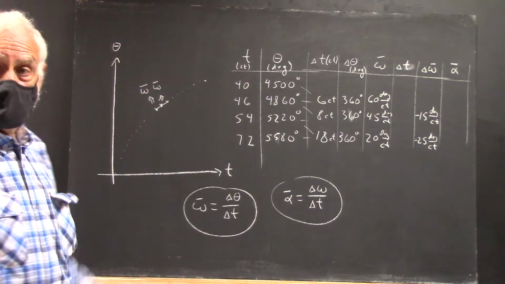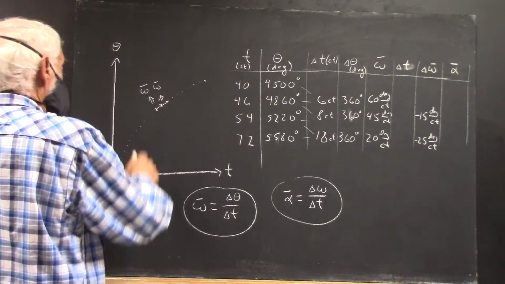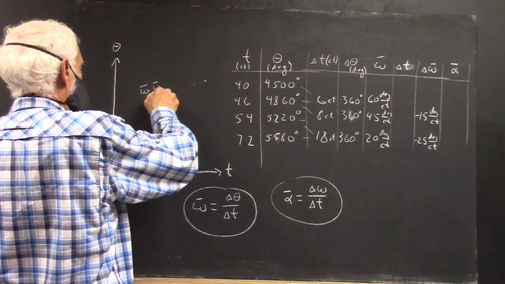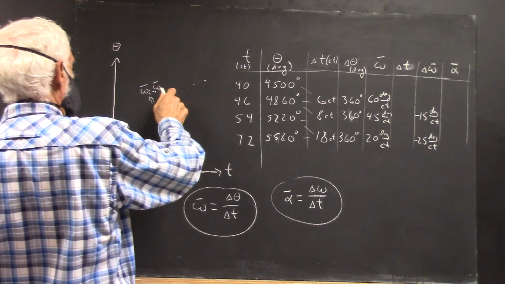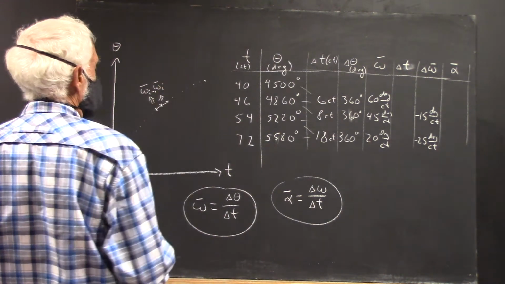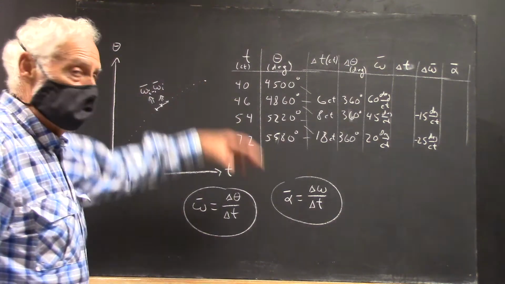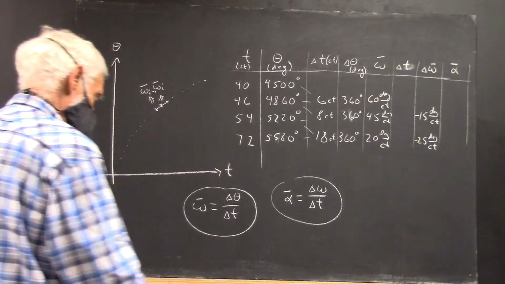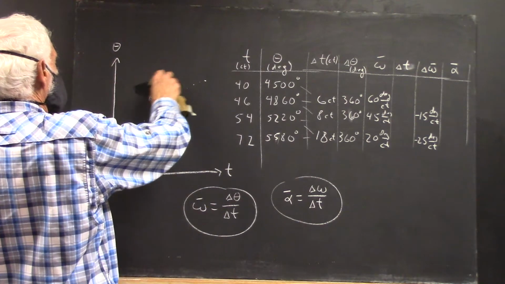These are different omega bars. So I'm going to call this omega bar sub i minus 1. That's written a little small. And this one as omega bar sub i. They're kind of run together there, so it's a little hard to read because it's small. But maybe I'll change that a little bit, separate these a little better.